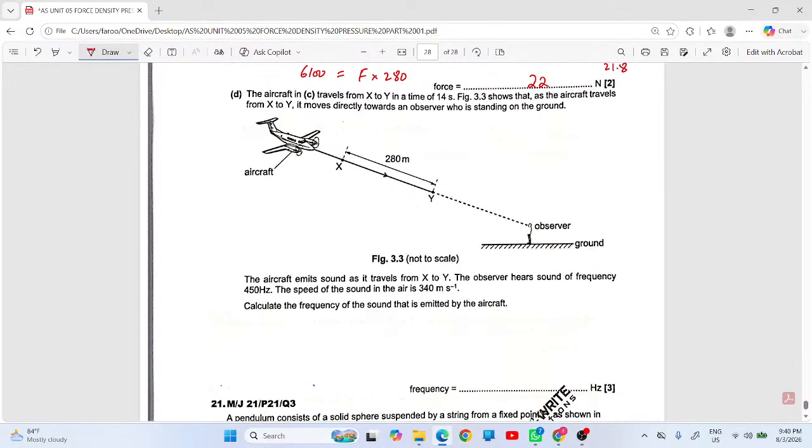Next, D part पढ़ें. Who is standing on the ground? Okay, आगे.